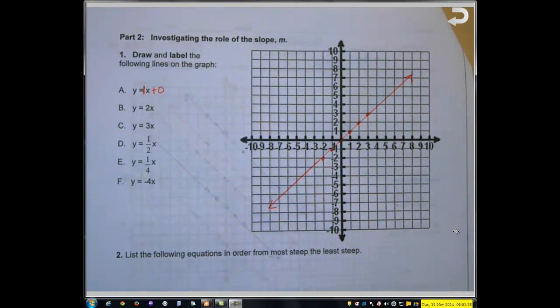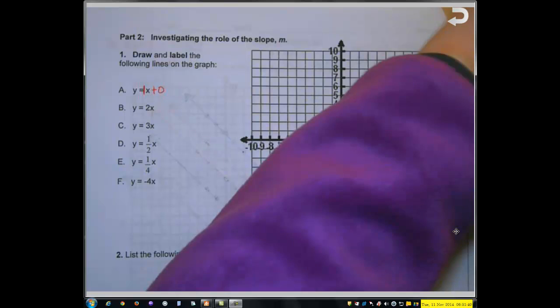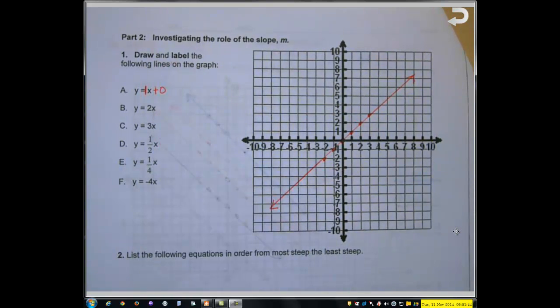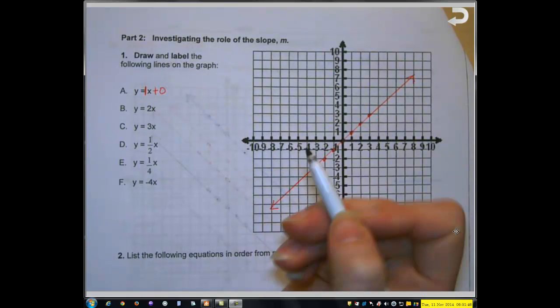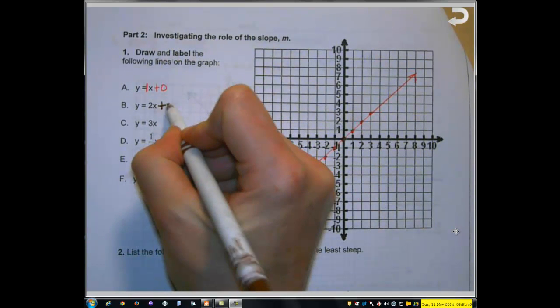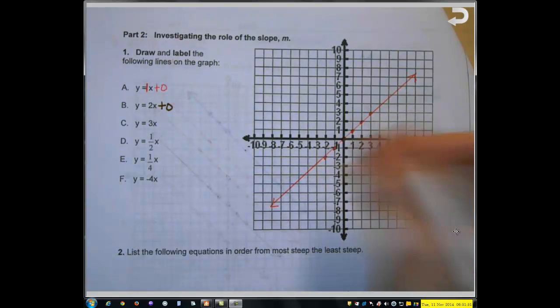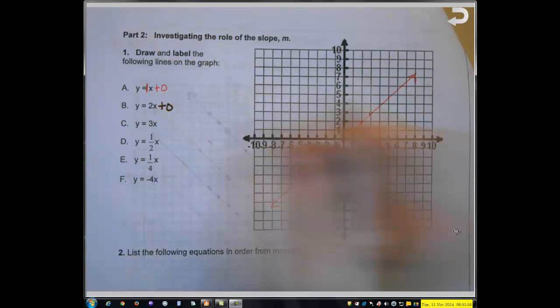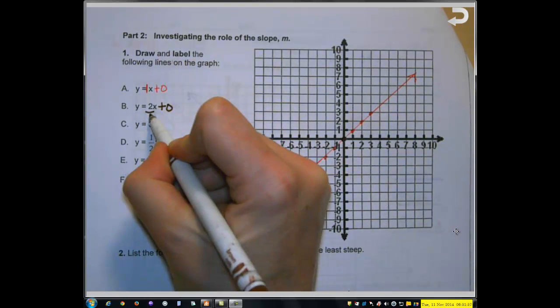It goes through the origin, through 0, 0, and it has a slope of positive 1. Now we're going to start making some changes to the slope of the parent function. We're going to keep the y-intercept the same, and change the slope this time to 2. So our line still has a y-intercept of 0, but this time our slope is 2 over 1.